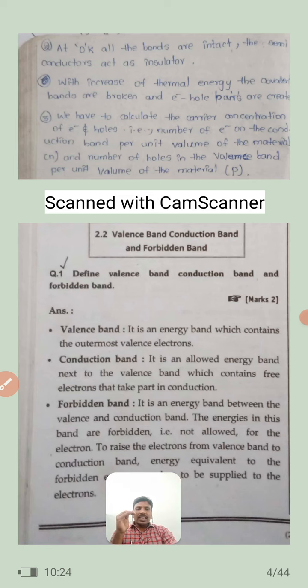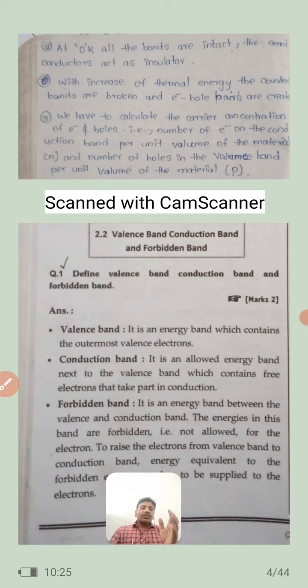The forbidden gap is the gap between the conduction band and the valency band, which acts as something neutral. For example, if you want to send charged particles or electrons from the valence band to the conduction band, the forbidden gap restricts it.